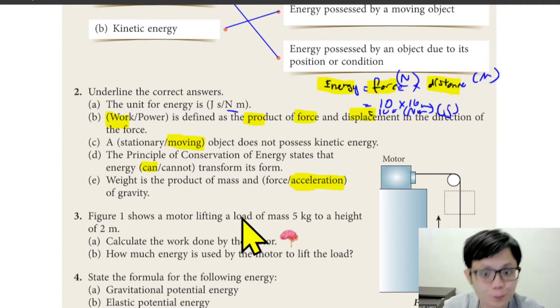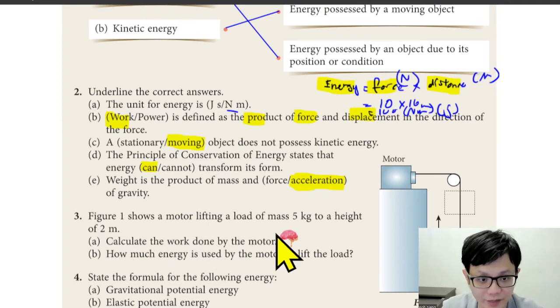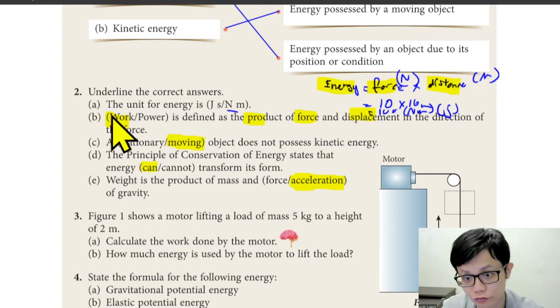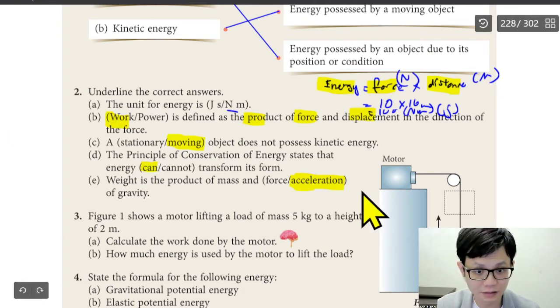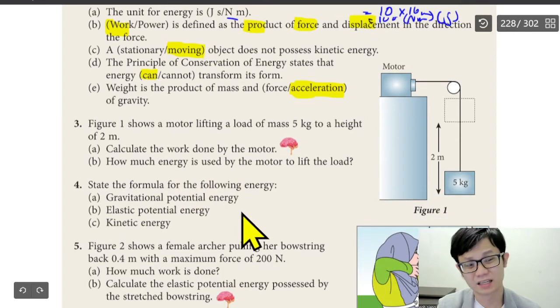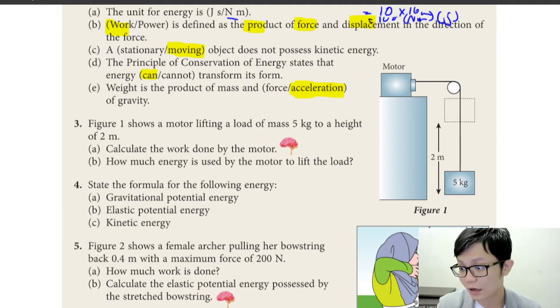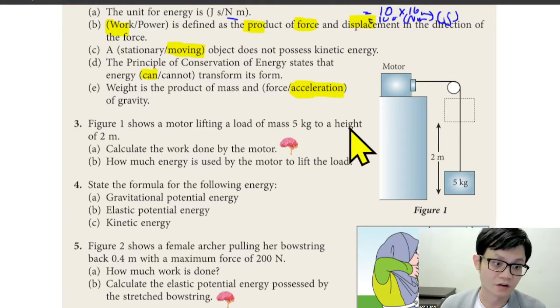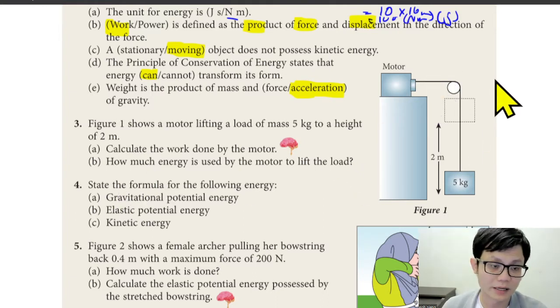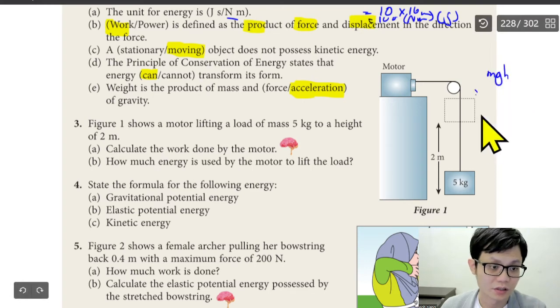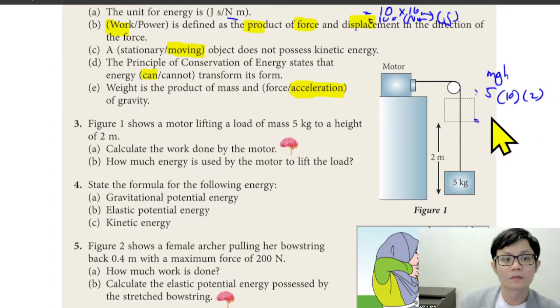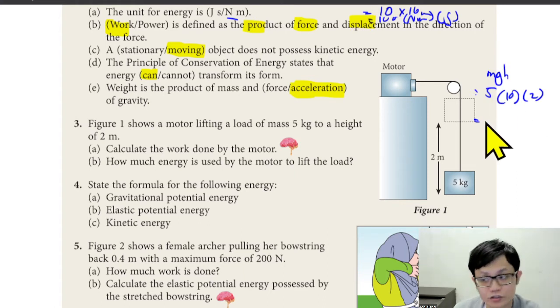Figure 1 shows the motor lifting up a mass of 5 kg to a height of 2 meter. Calculate the work done by the motor. Probably you need to use mgh. 5 times 10 times 2, so you will get 100 joule.